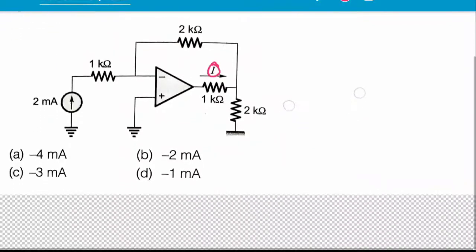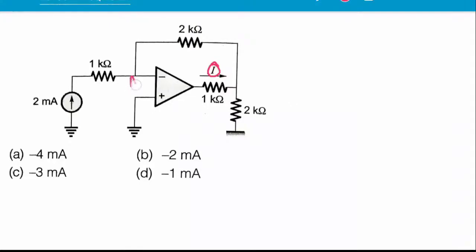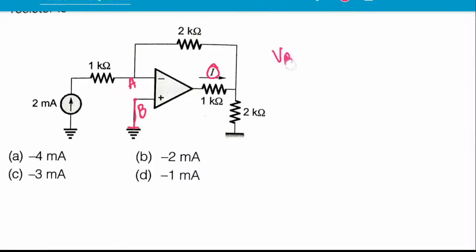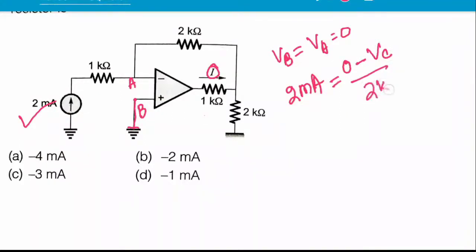So here suppose this is point A and this is point B. As point B is connected to ground, due to the virtual ground concept, VB is equal to VA is equal to 0, and so 2 milliampere current is given here, 2 milliampere is equal to 0 minus Vc by 2 kilo ohm.